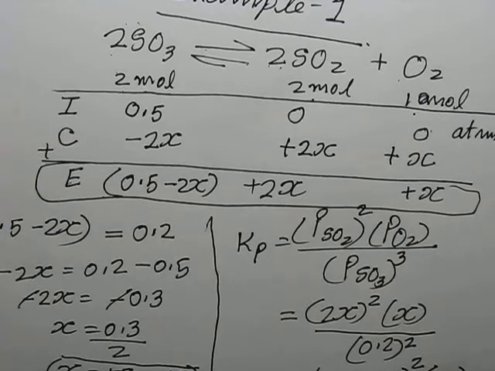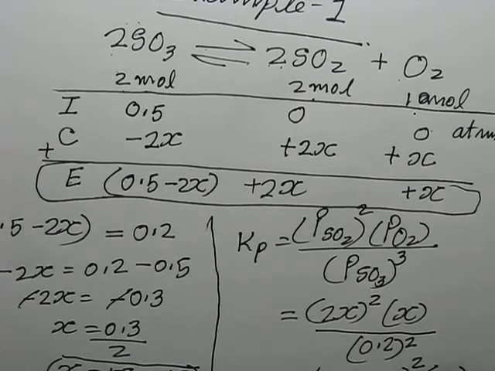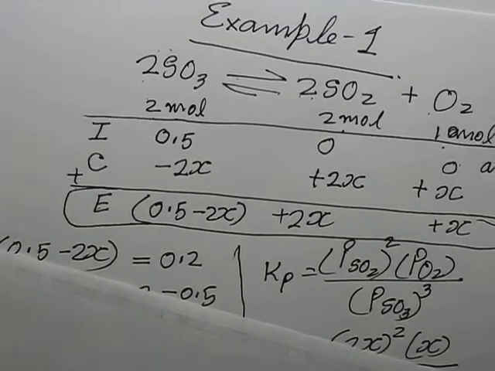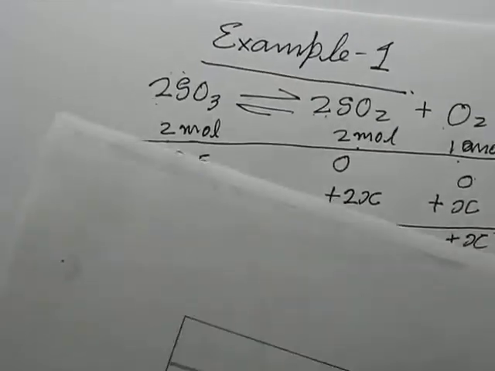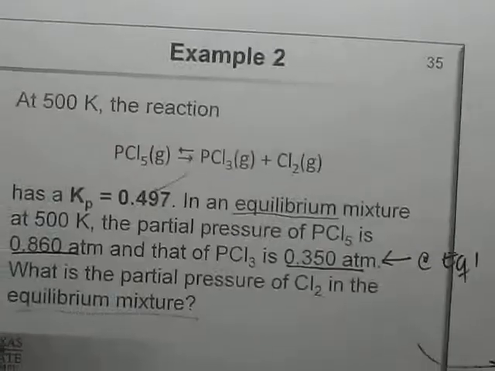Next I have another example of an ICE calculation, which is called example number 2.